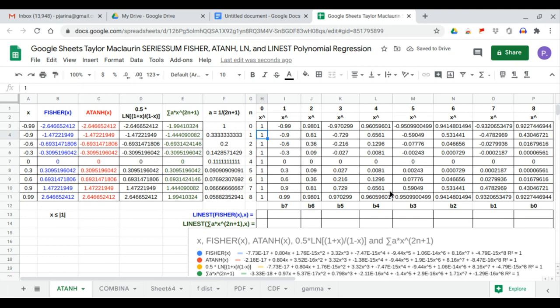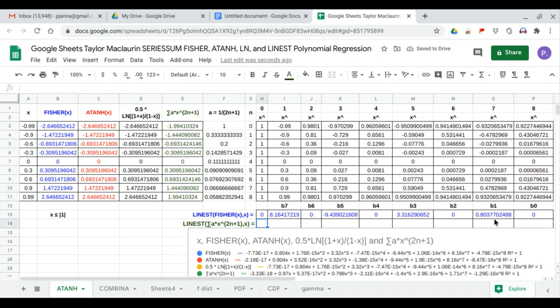Now that we have the 1 comma x matrix, we can now calculate the LINEST. So LINEST, since all these three columns are identical, we'll just use the Fisher. So LINEST, comma, that's the data y, then the data x will be this range.